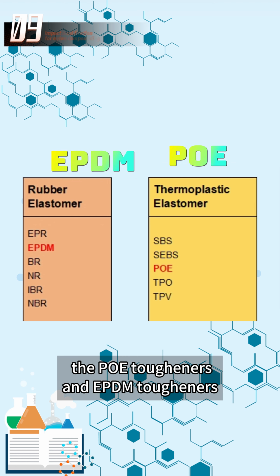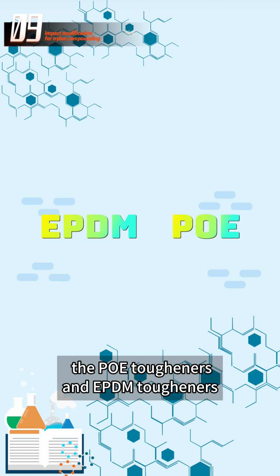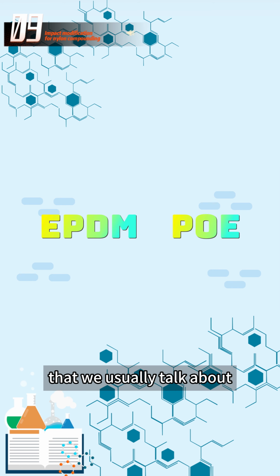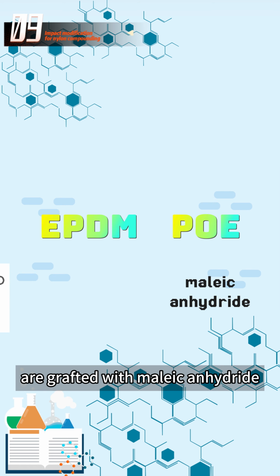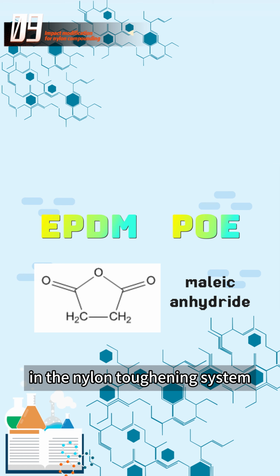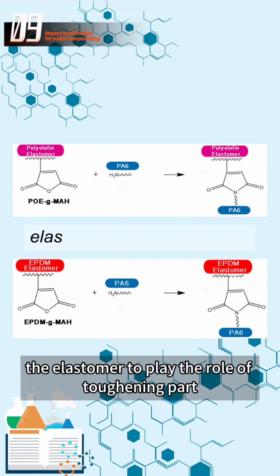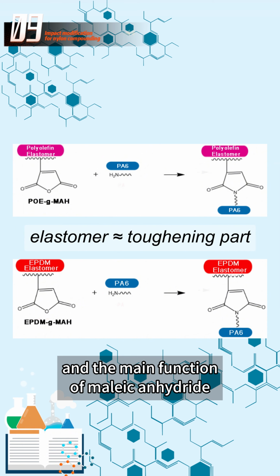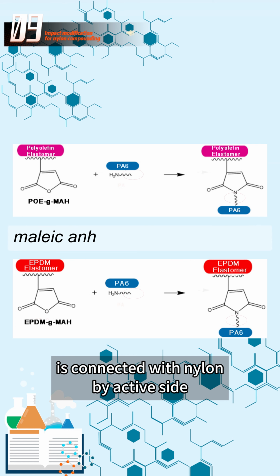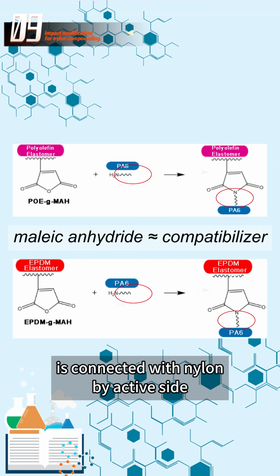In fact, the POE tougheners and EPDM tougheners that are usually talked about are grafted with maleic anhydride in the nylon toughening system. The reaction is shown below. We have seen the elastomer plays the role of the toughening part, and the main function of the maleic anhydride is to connect with nylon by the active side.